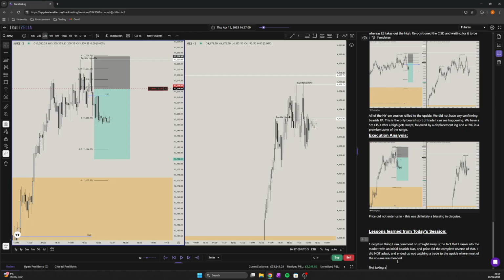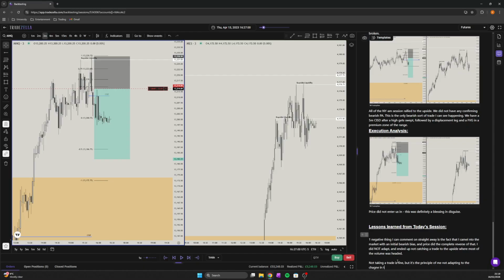Not taking a trade is fine, but it's the principle of me not adapting to the change in trend of price action, right?